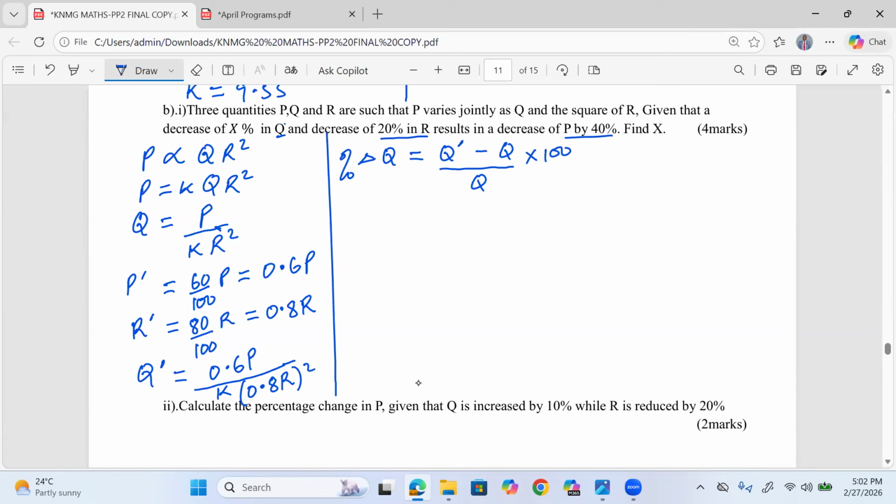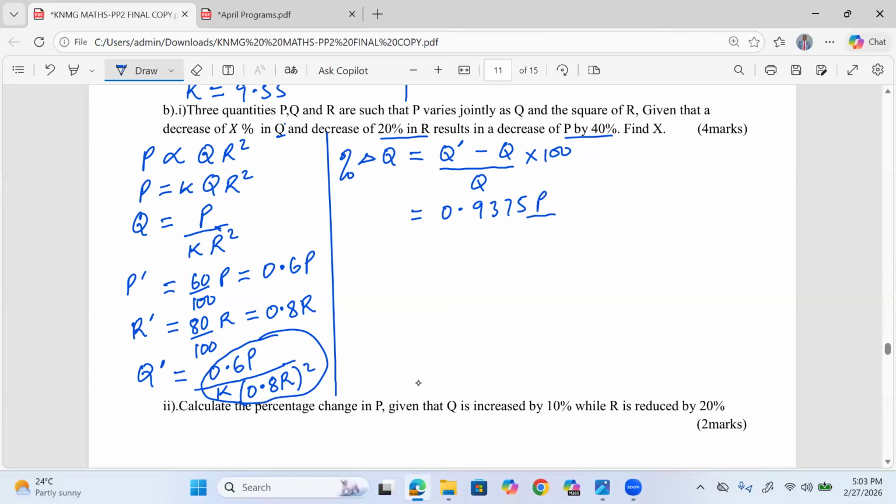That's how we get percentage changes. So with that, we can now talk about the new Q. This value can be gotten, 0.8 when squared, 0.64. So 0.6 out of 0.64. You see, this is exactly 0.9375. I'm computing the new Q.